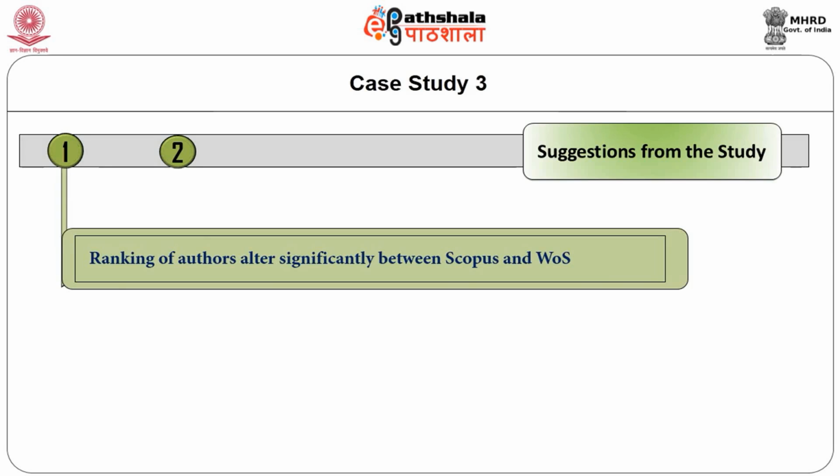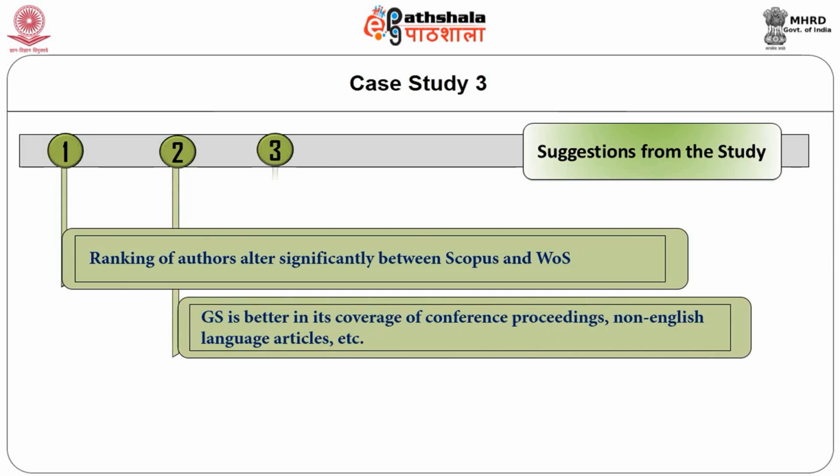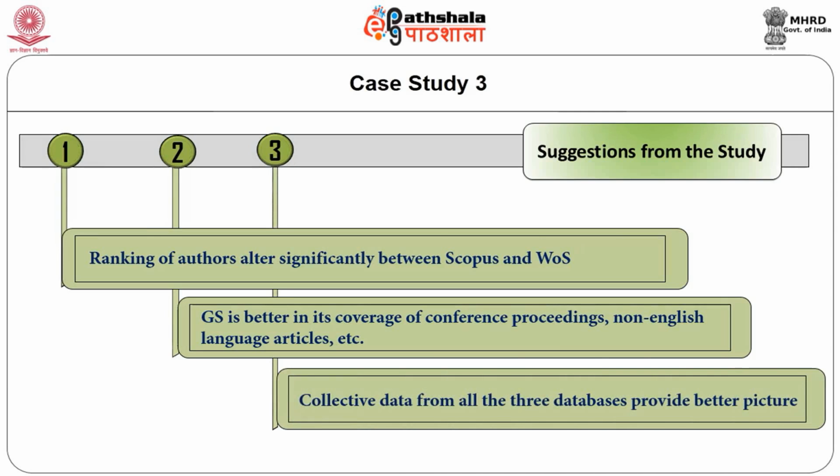The study also found that Google Scholar stands out in its coverage of conference proceedings as well as international non-English language journals among others. Google Scholar also indexes a wide variety of document types, some of which may be of significant value to the researchers and others.